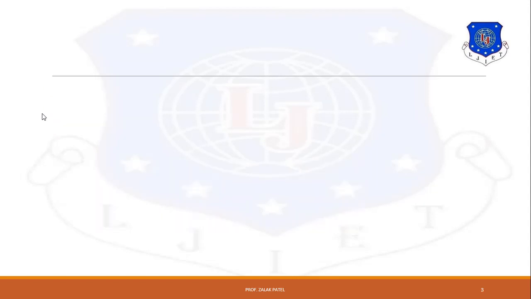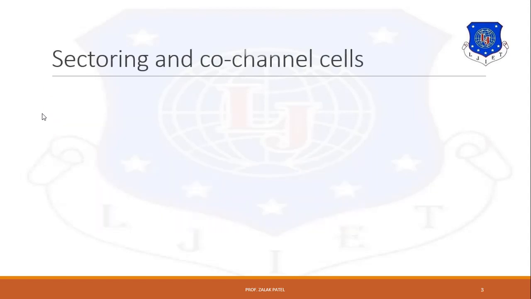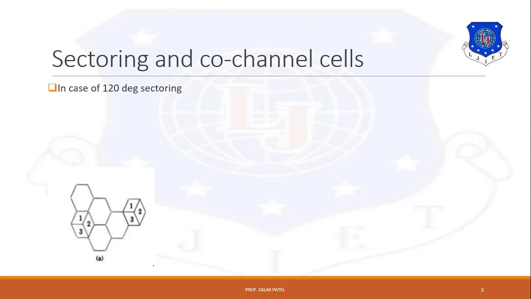By considering the sectoring for different co-channel cells, you can understand the role of the directional antenna. For this, you first have to calculate the number of co-channel cells. In the case of 120 degree sectoring, consider this figure. As we discussed earlier, for 120 degree sectoring we divide one cell into 3 equal partitions, because 360 divided by 3 is equal to 120 degree.